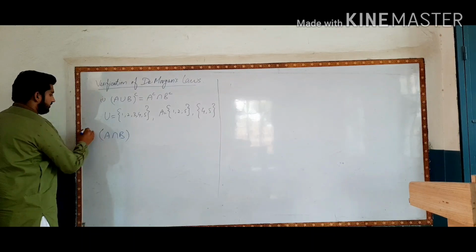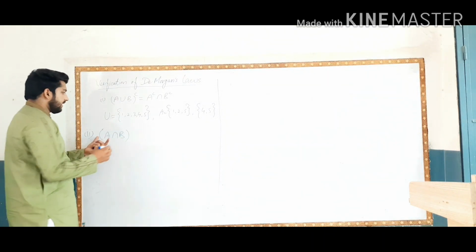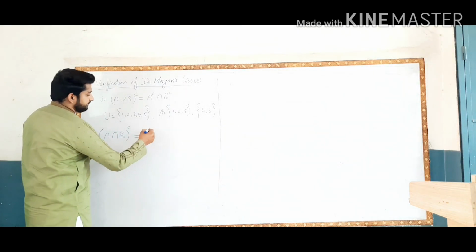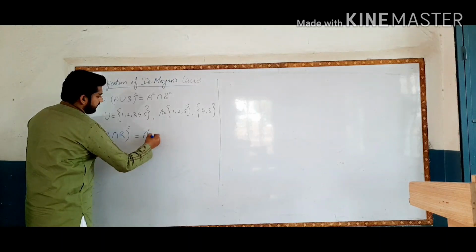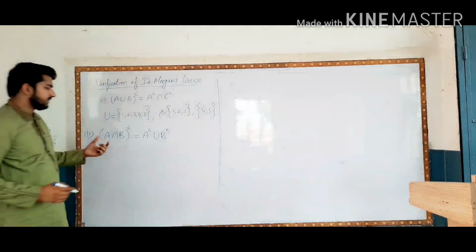This is the verification of the second De Morgan law. So A intersection B whole complement is equal to A complement union B complement.